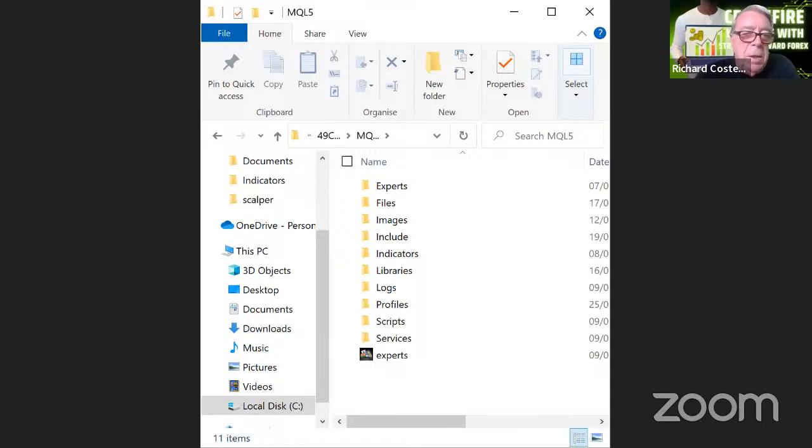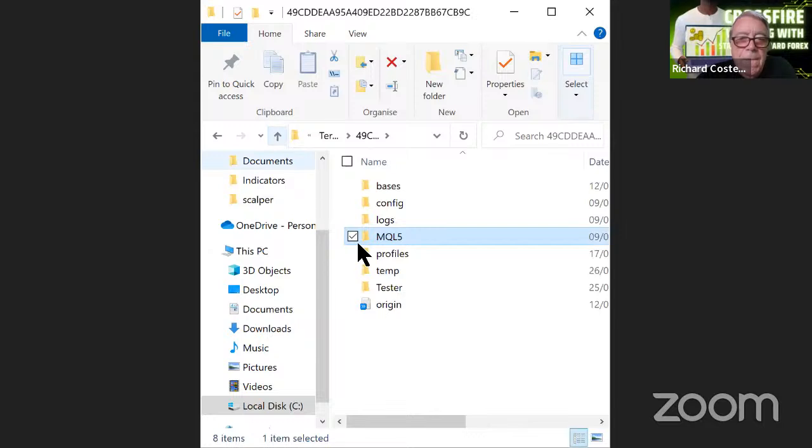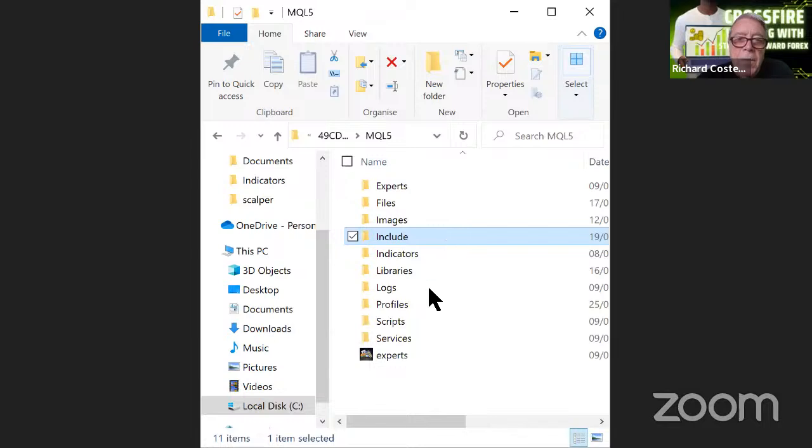I just refresh it, and it'll appear here. What I don't have there is the WAE, for some reason, but I do the same with the WAE. I'll transfer it to my MQL5, and then I'd open my MQL5 and move it.